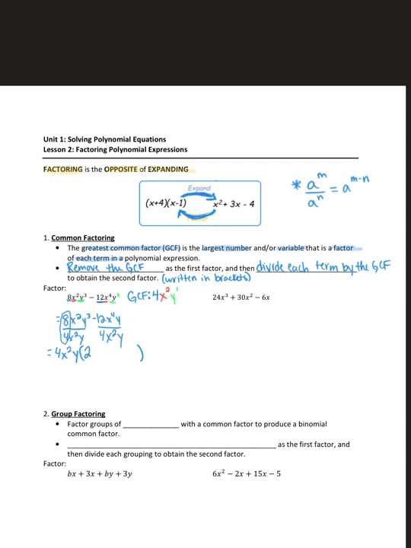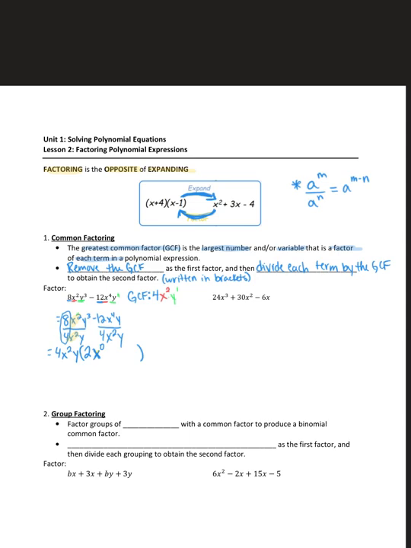So when I look at my x's, when I divide them, I'm going to subtract their exponents. So x to the power of 2 divided by x to the power of 2 is going to be x to the power of 0.